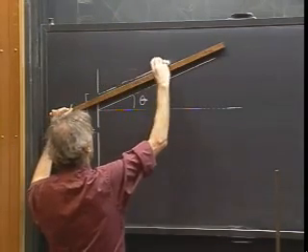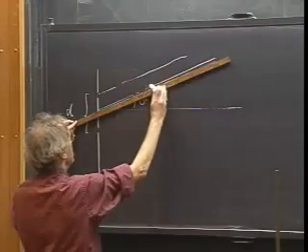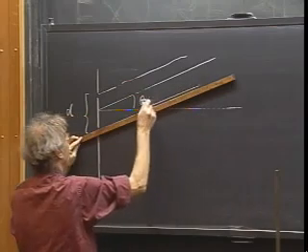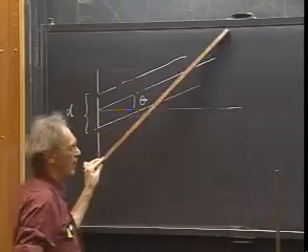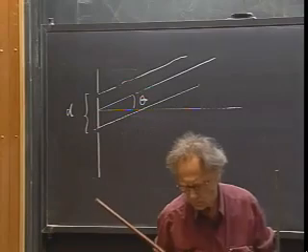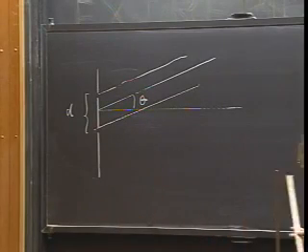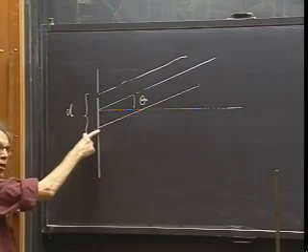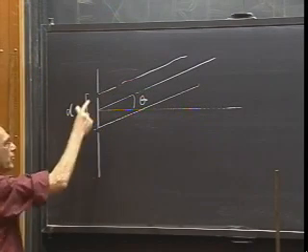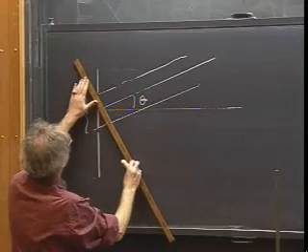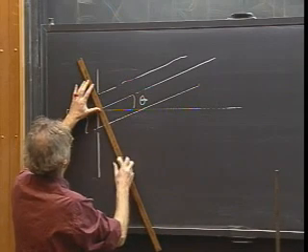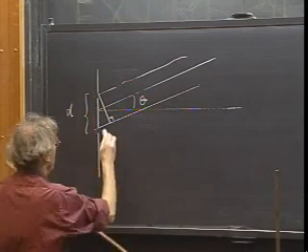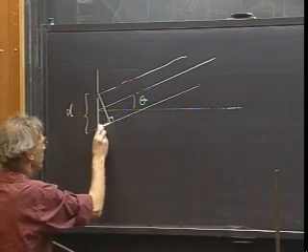And since that point is very far away, these lines here are, of course, very close to parallel to each other. The wave that comes from this one has to travel over a larger distance than the wave that comes from this one. And that difference can easily be expressed algebraically if this angle is 90 degrees. That difference is this much.